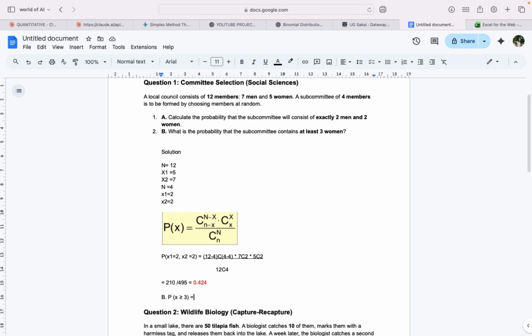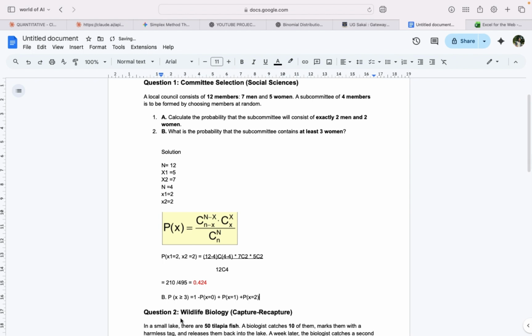So it will be 1 minus the probability that x is equal to 0, plus the probability that x is equal to 1, plus the probability that x is equal to 2, right?